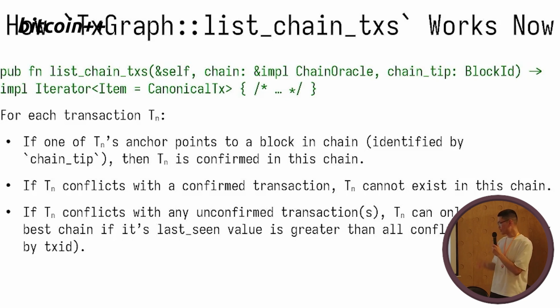We prioritize the one that's last seen. We basically assume that if we see a transaction on the mempool more recently, that one exists in the mempool. It's not perfect, and we break ties by transaction ID.